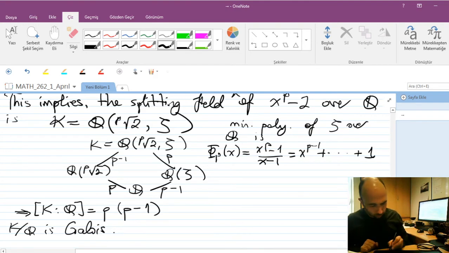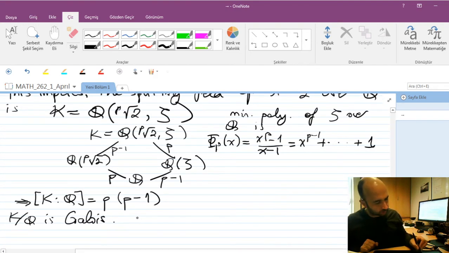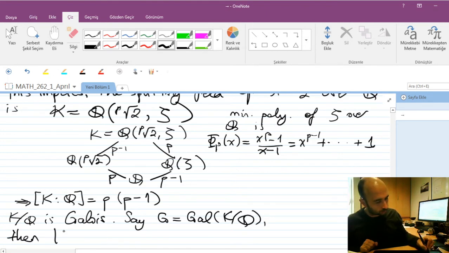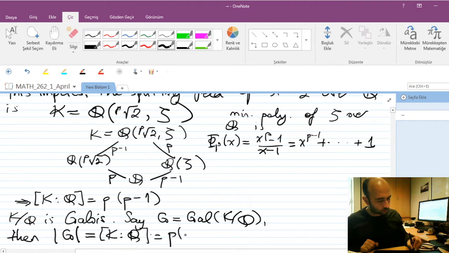So if we set G to be the Galois group, then the order of G must be equal to the degree of this extension, which is p times (p minus 1). So the group in question has order p times (p minus 1).